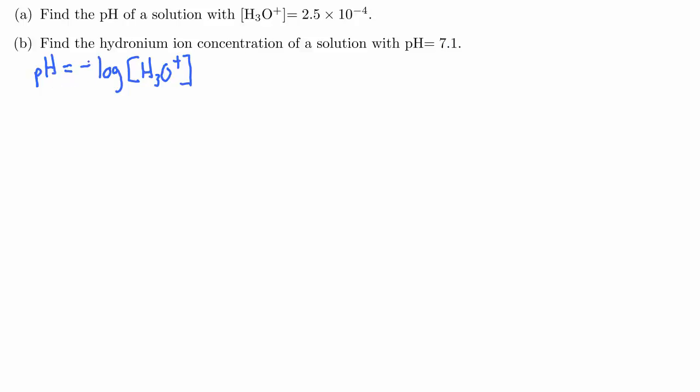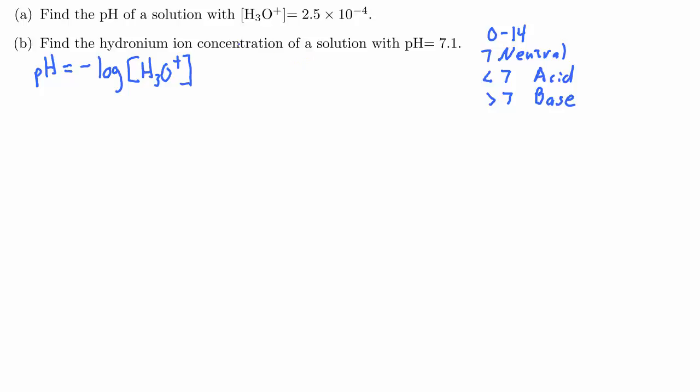Now this negative is important here. Also, pH usually runs between 0 and 14, with 7 being neutral. Anything less than 7 is an acid, and anything greater than 7 is a base.